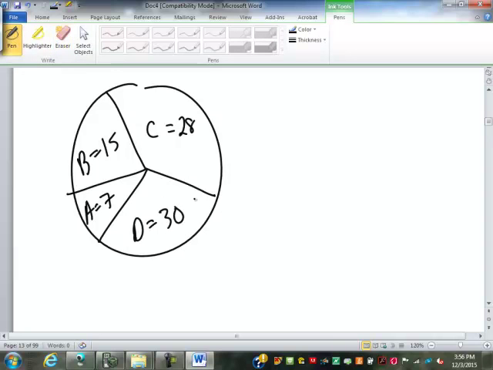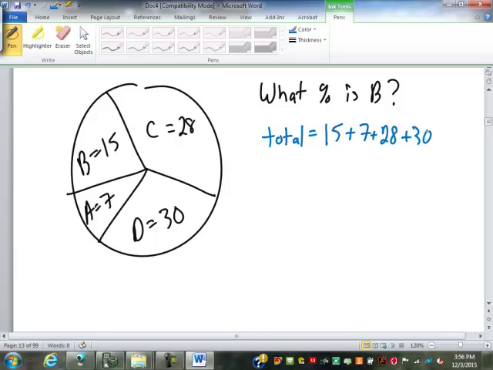It says 30. Okay, so I've got a circle graph here though. These are not percents. These are just numbers. A is 7, B is 15, C is 28, and D is 30. What if I ask you what percent is B? What's the first thing I have to find? The total, which appears to add up to 80. Now what?